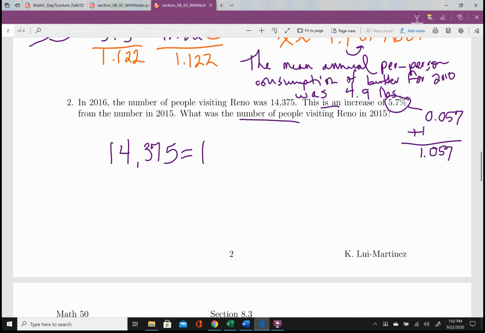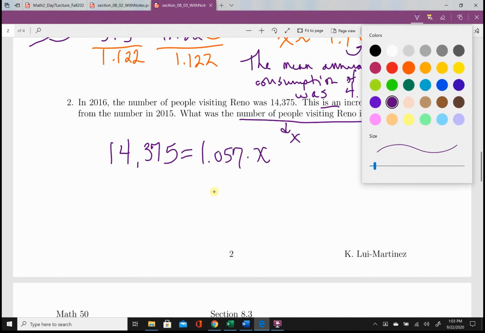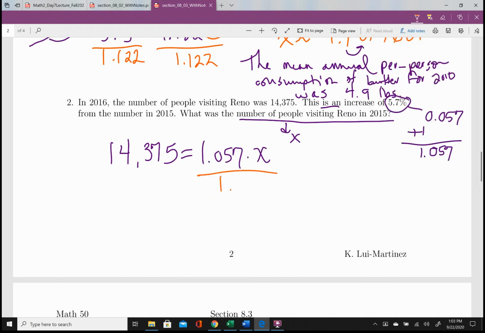For the number of people visiting Reno in 2015, we're going to let that be x, okay? So 1.057 times x. Divide both sides by that multiplier, 1.057.